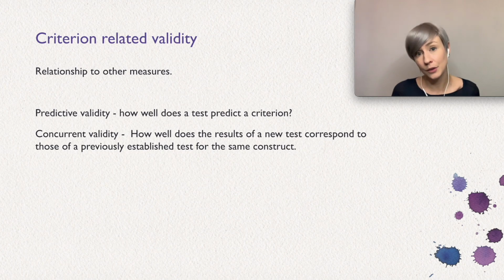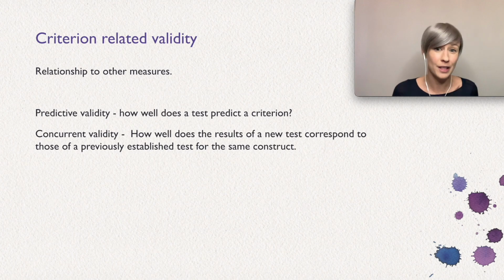Then the test scores that my students get must differentiate between the individuals in the same way on both tests. If that relationship is in any way inconsistent or weak, then the new test does not demonstrate concurrent validity.